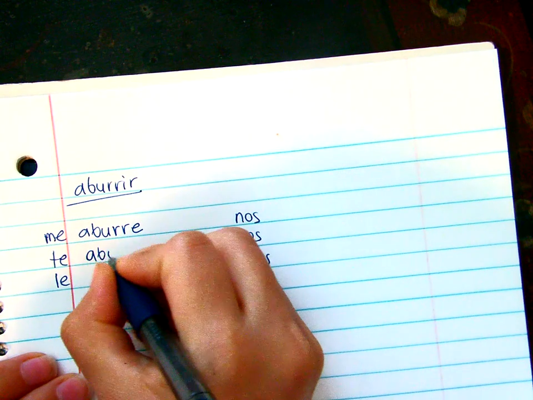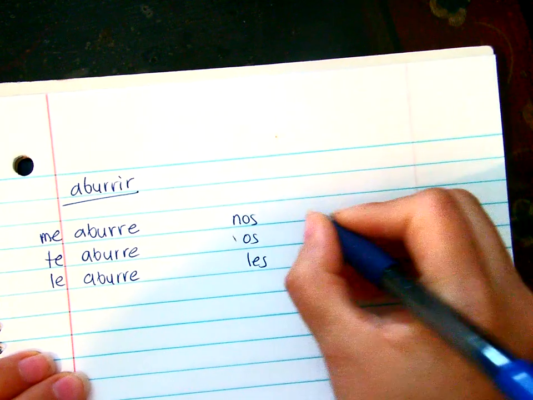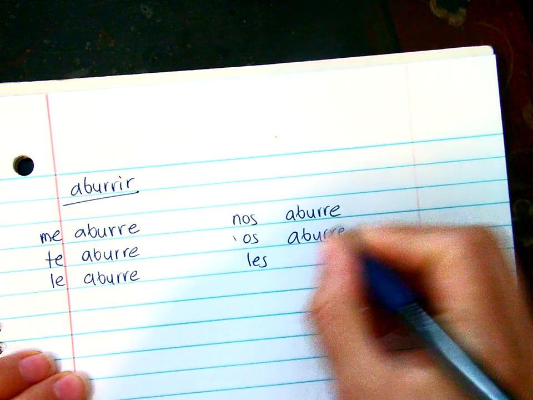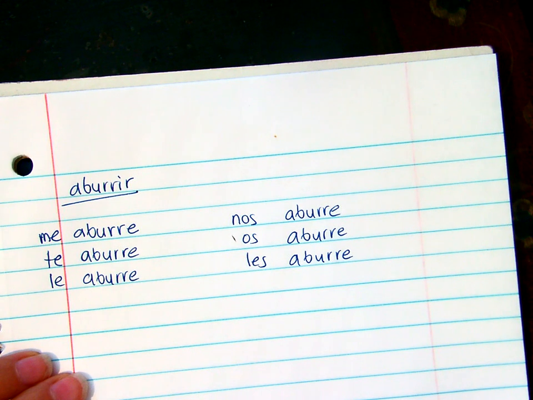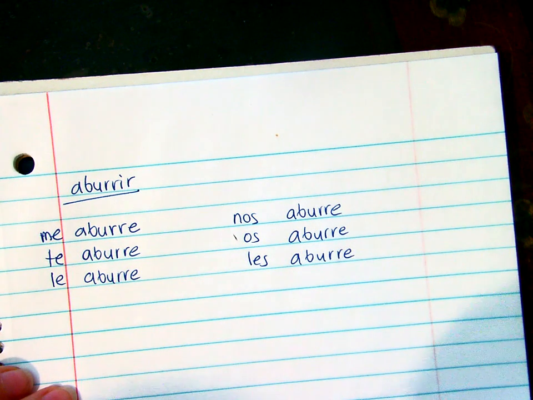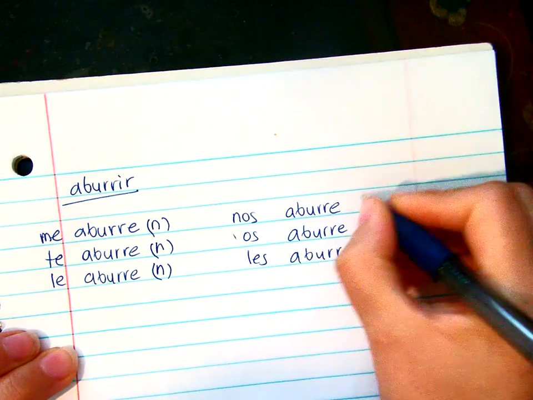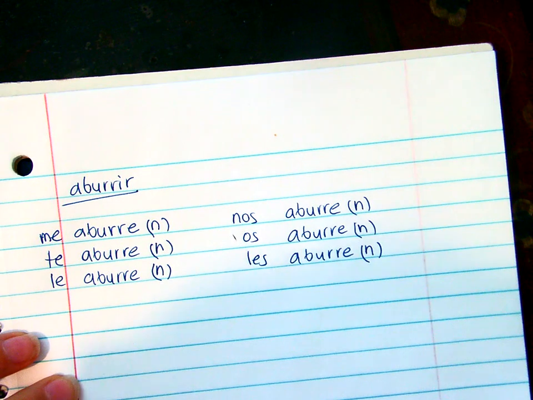Te aburre. Le aburre. Nos aburre. Os aburre. Les aburre. You see that? All the conjugation is the same. So if the thing that bores me is one thing, you use aburre. If it's more than one thing, then you use N at the end.